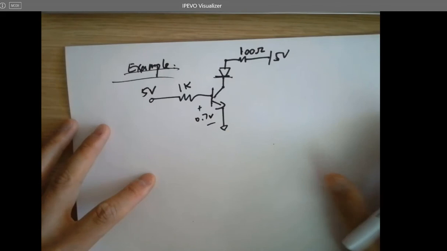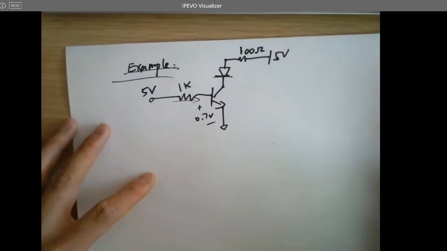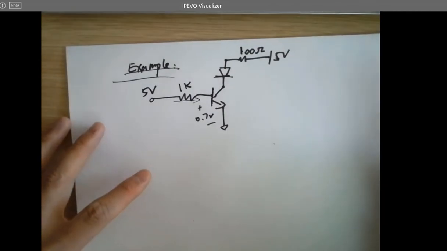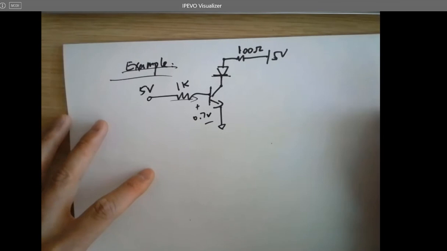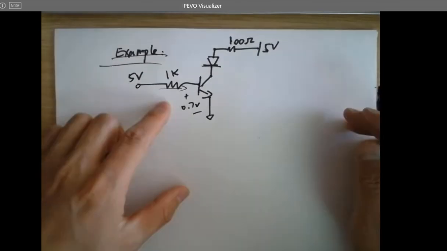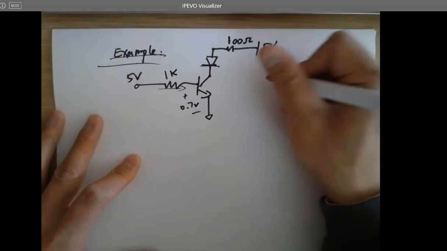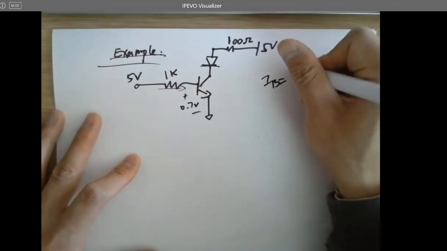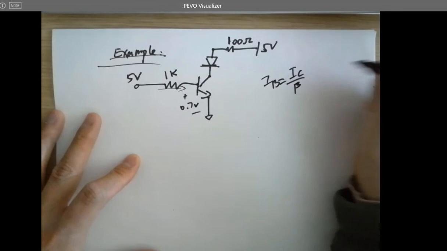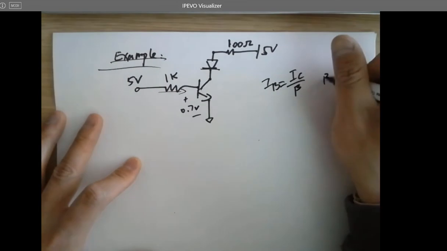So this is 0.7 volts. And what is IB? Can I calculate IB based on whatever is given here? Why do we need IB? Because IB equals IC over beta, and beta is normally 100. Let's just use 100.